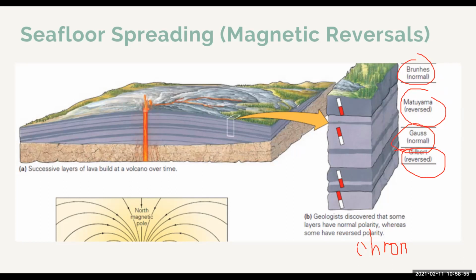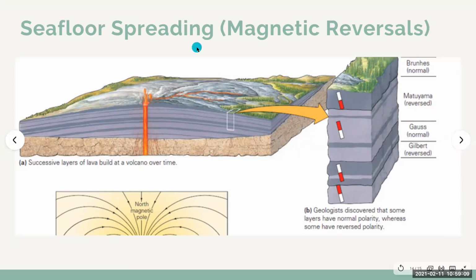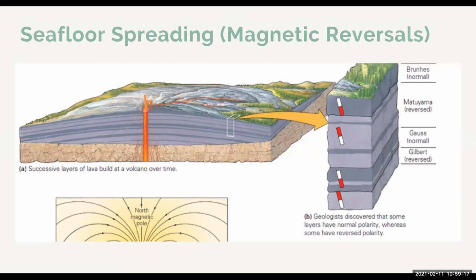So during some time down, na-discover na as the seafloor is actually spreading, yung distinct na layers na na-form niya ng mga bagong seafloor, 'di ba? Katulad dun sa drilling natin, nagkakaroon ng reversals yung mga layers na yon.